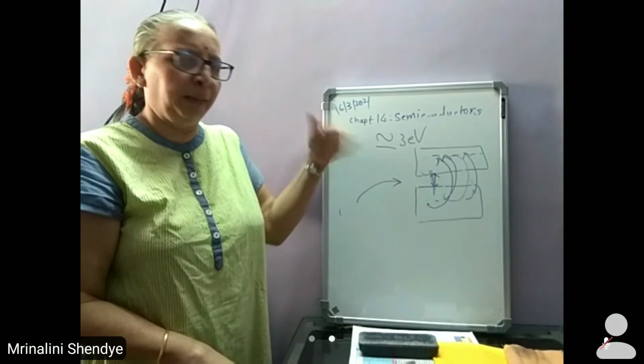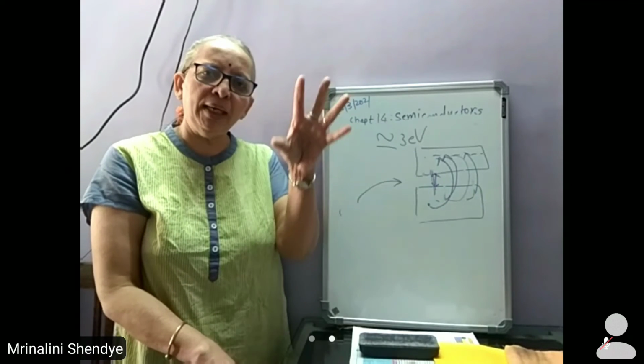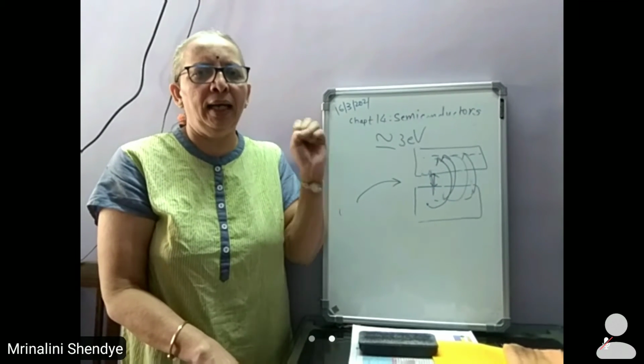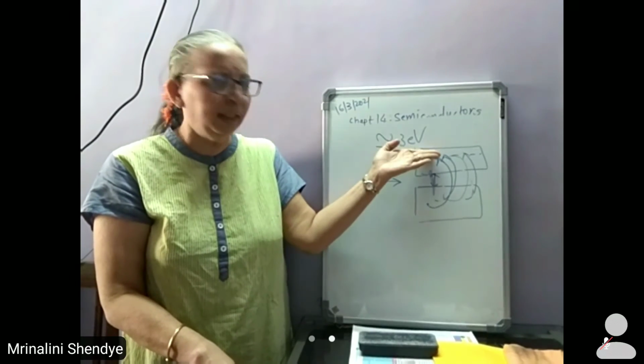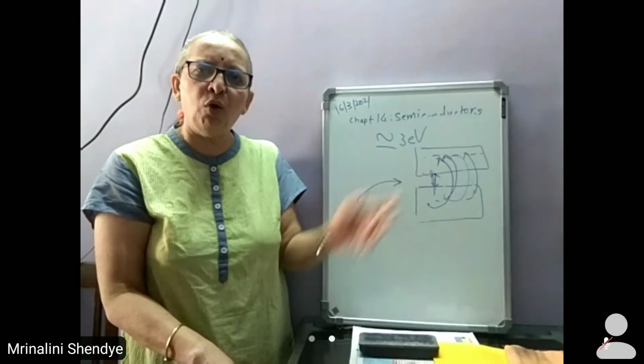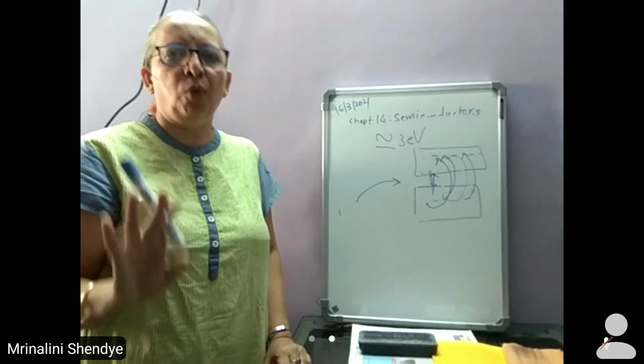But as temperature is increased, electrons in the valence band receive energy and are able to free themselves and jump into the conduction band. Once they go into the conduction band, conduction is possible.